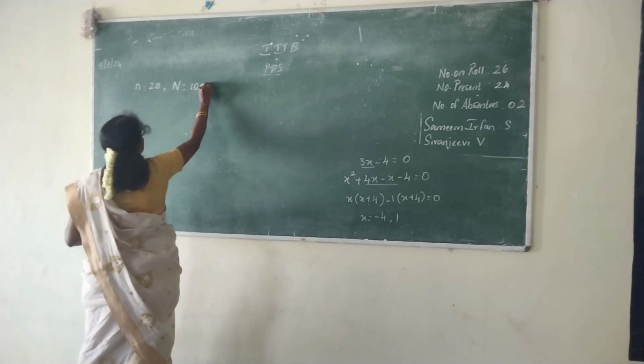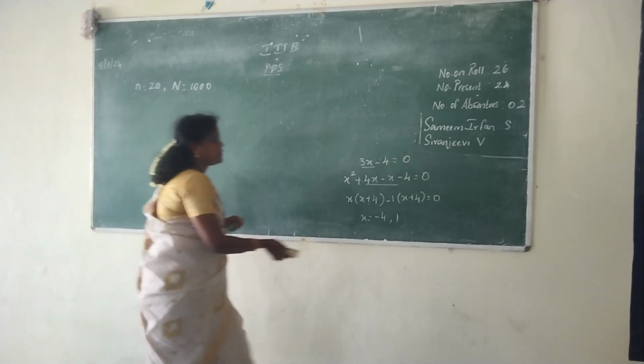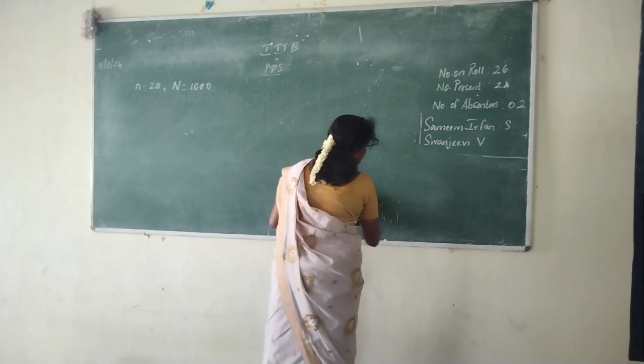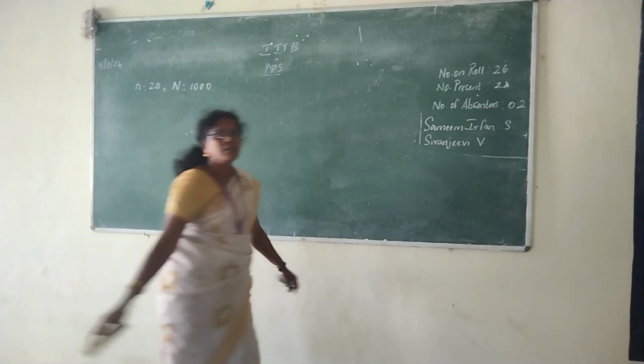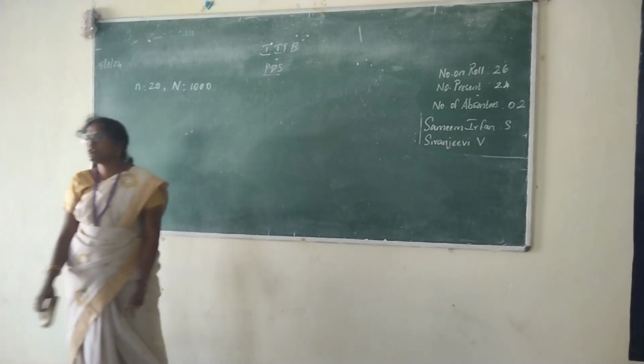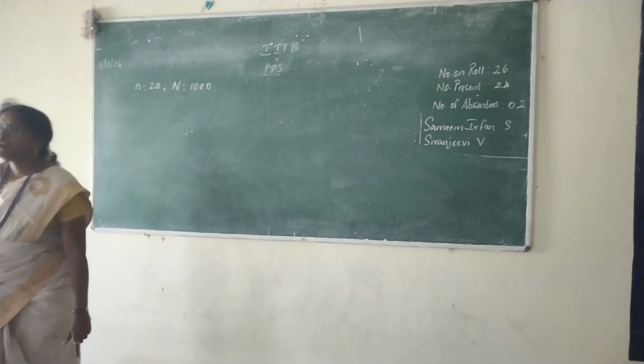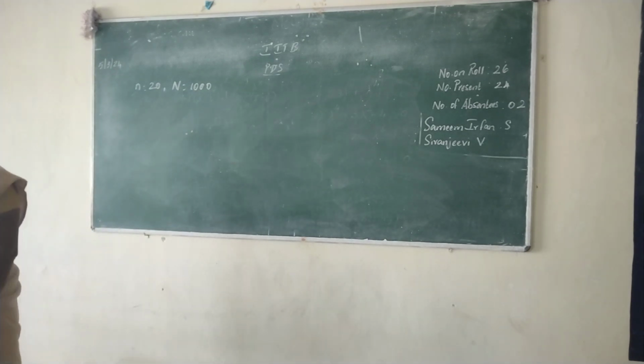Now tell me what you are supposed to find now. See the question: number of packets containing at least, at most, exactly two defective items. So you are going to find the probability for defective item or good item? Defective. So for that only you introduce a random variable x.